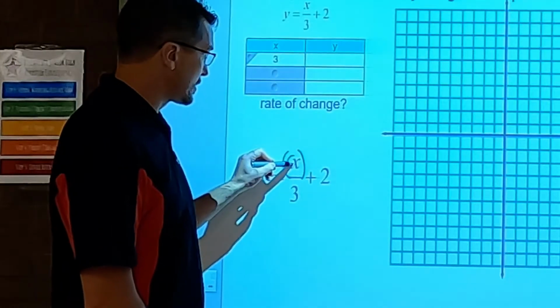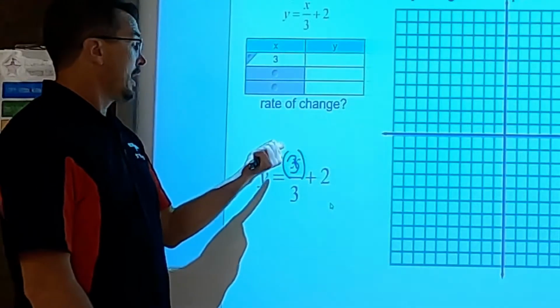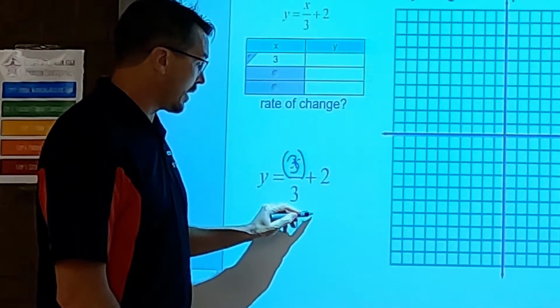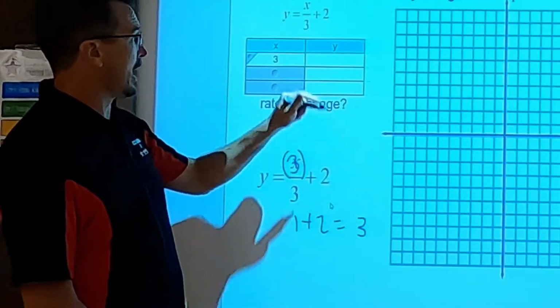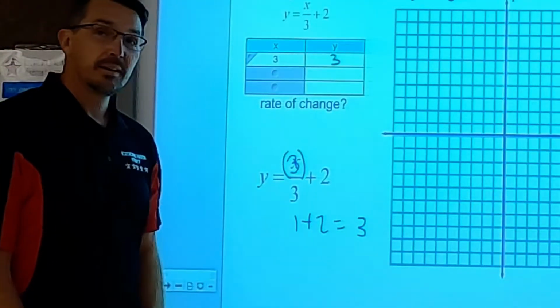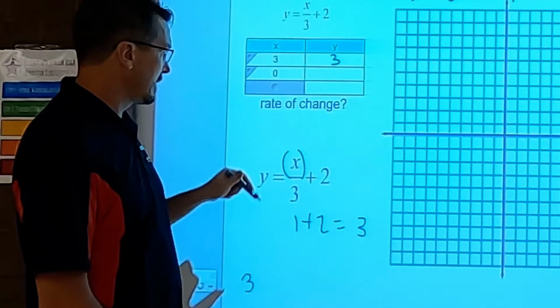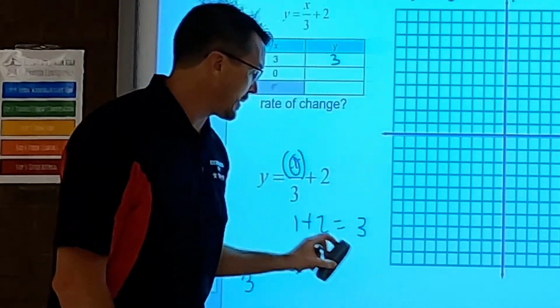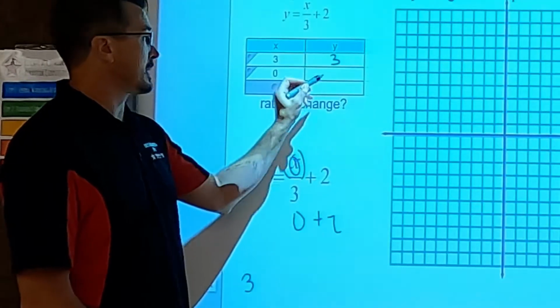Because if I substitute 3 for the independent variable, 3 divided by 3 is 1, and 1 plus 2 equals 3. So when I input 3, I got out 3. That's kind of cool. 0 still works, because 0 over 3 is just going to be 0, and 0 plus 2 is just going to give me 2.